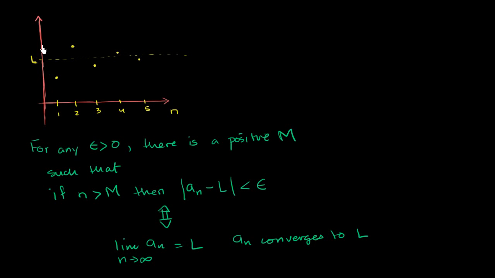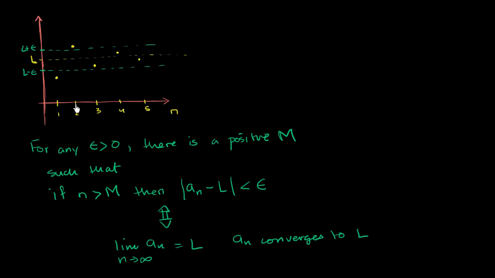Let's say this is L plus epsilon, and this right here is L minus epsilon. So let me draw those two bounds right over here. And so I picked an epsilon here. For any arbitrary positive epsilon I pick, we can find a positive M.